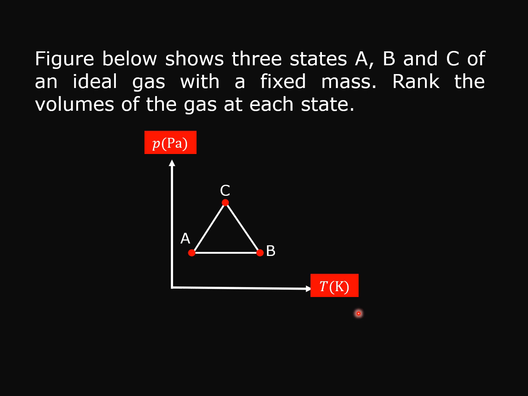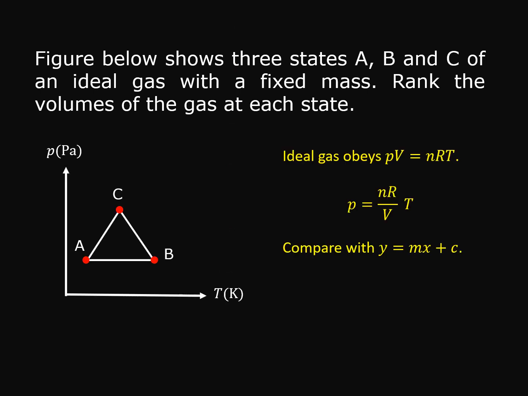That means we cannot read directly from the graph what the volume of the gas is. But we know that an ideal gas obeys the equation of state, PV = nRT.